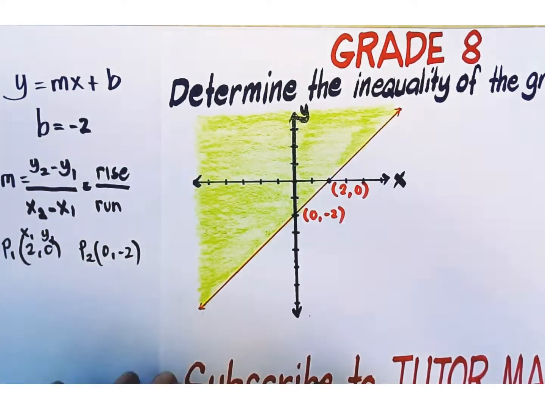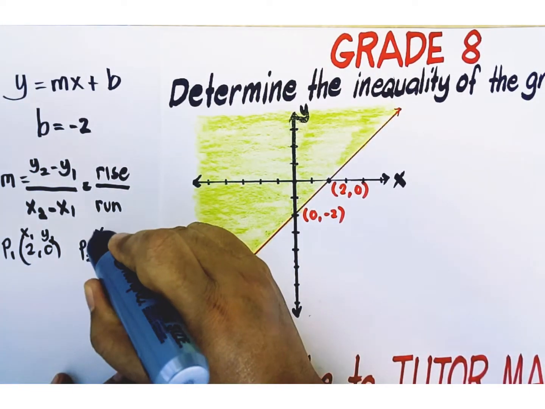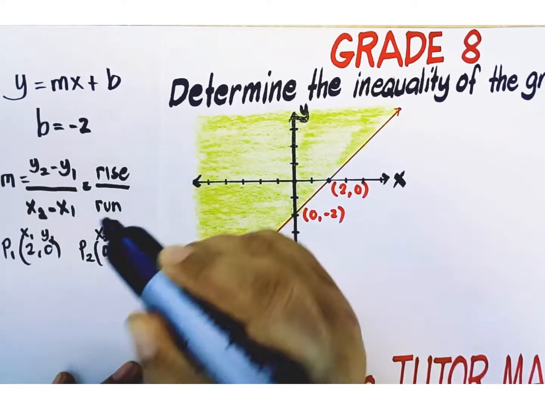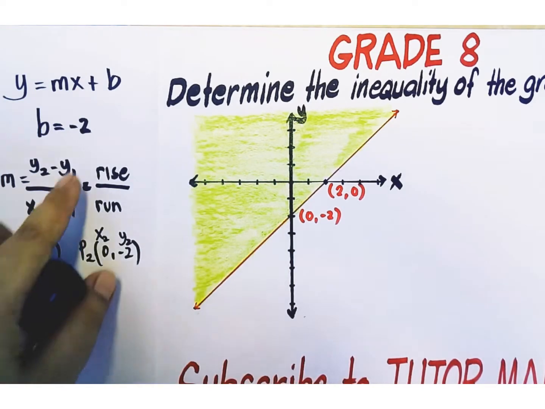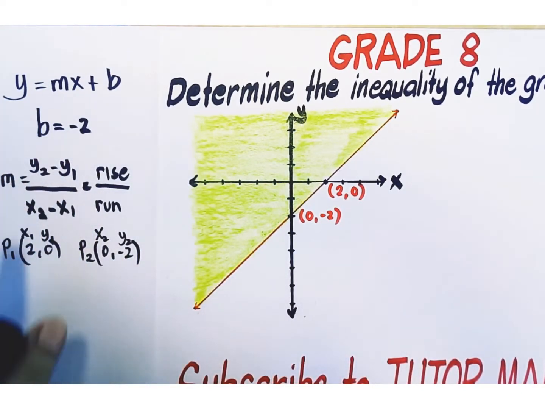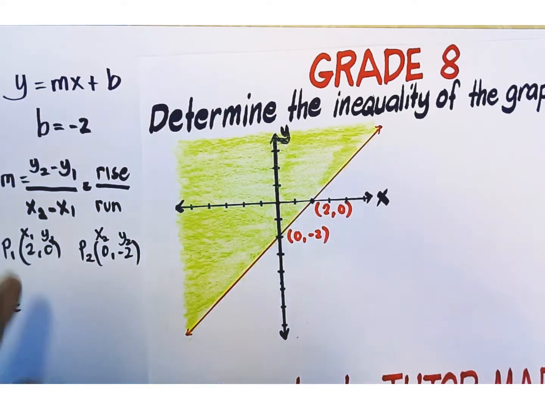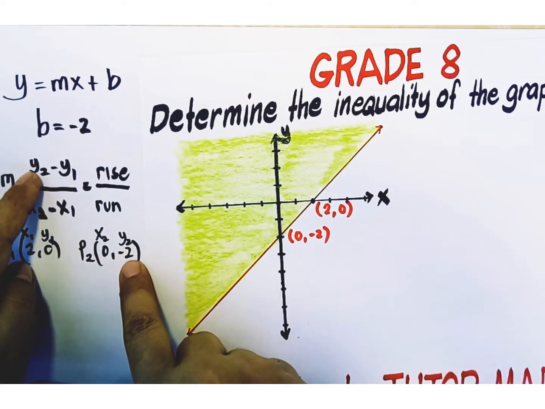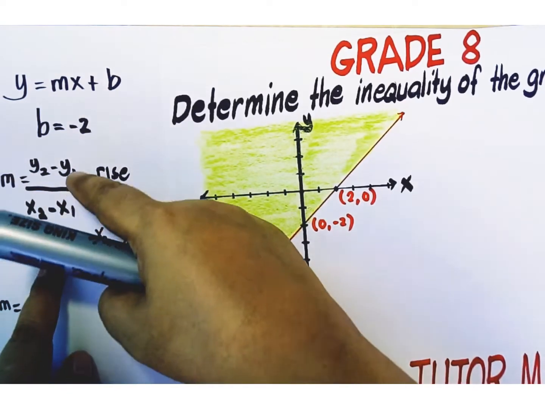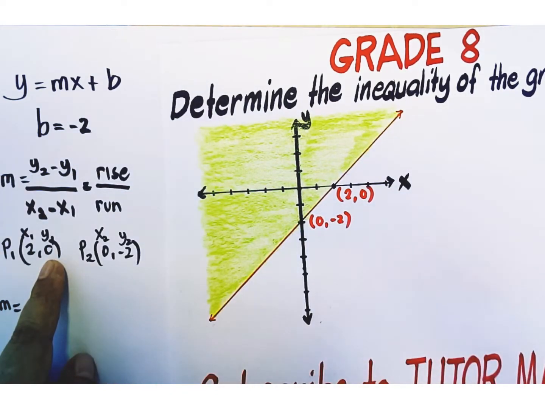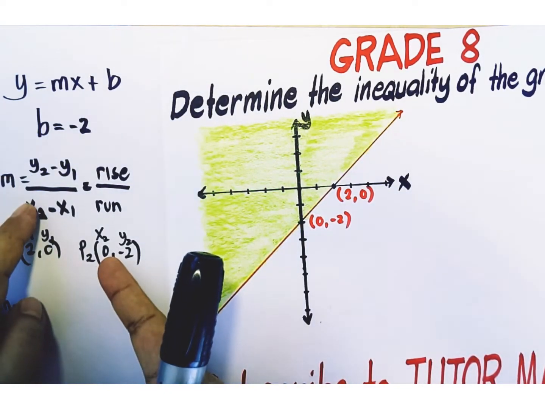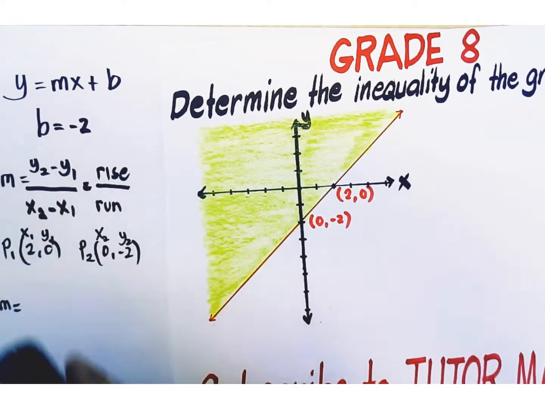Label its coordinates as x sub 2 and y sub 2. Plug these values into the rise over run formula to solve for m. Replace y sub 2 with -2, replace y sub 1 with 0, replace x sub 2 with 0, replace x sub 1 with 2.